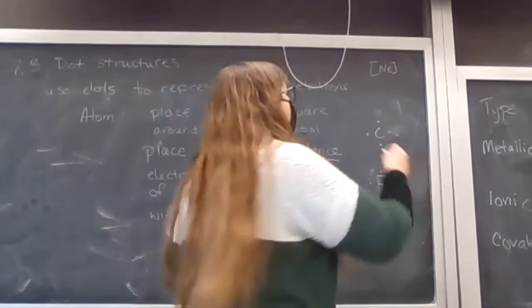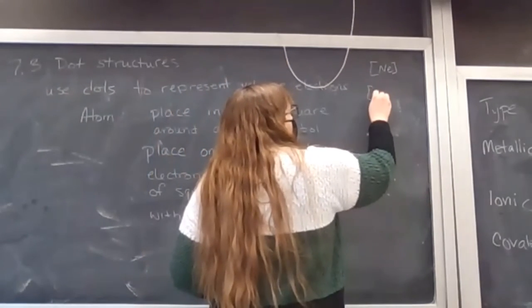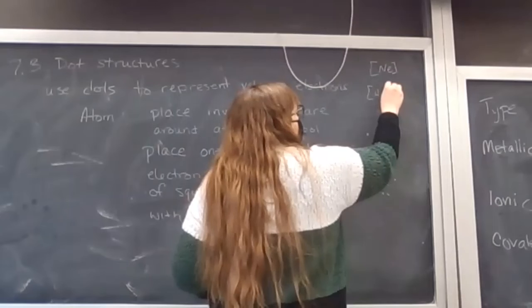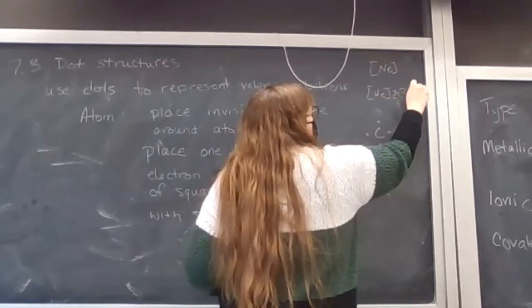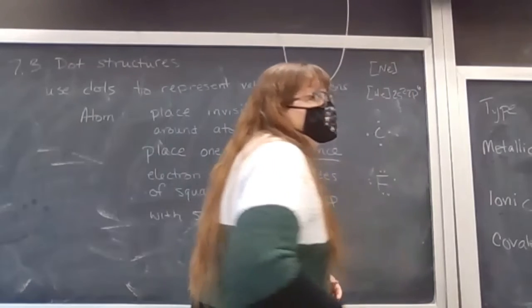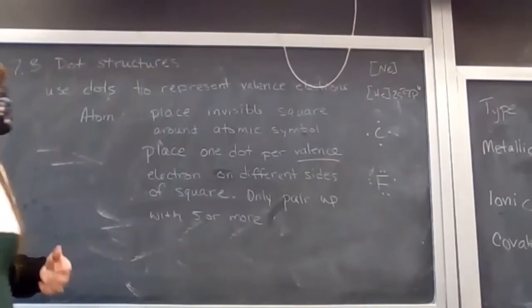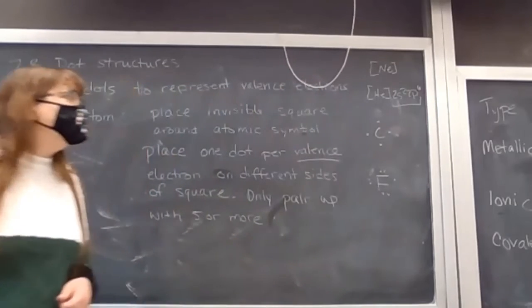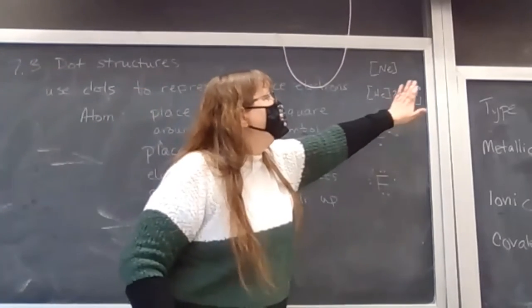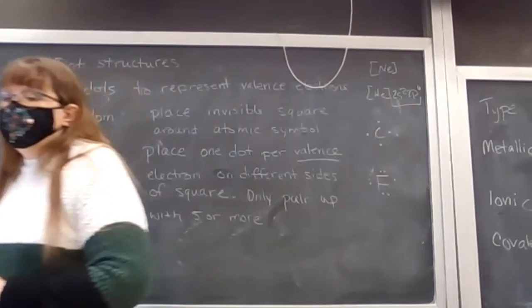So if you're doing the practice on Chem 101, it's going to want you to do helium and then 2s2, 2p6. And so this shows us that outside the core we have 8 electrons, 2 right here and 6 right here.